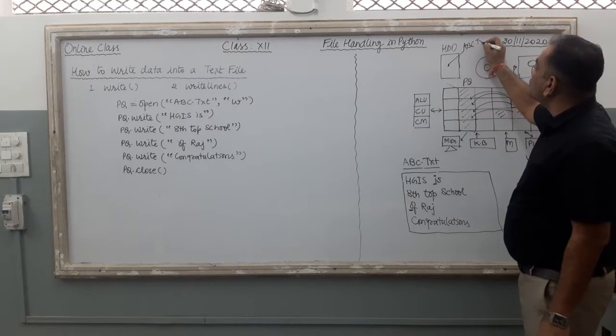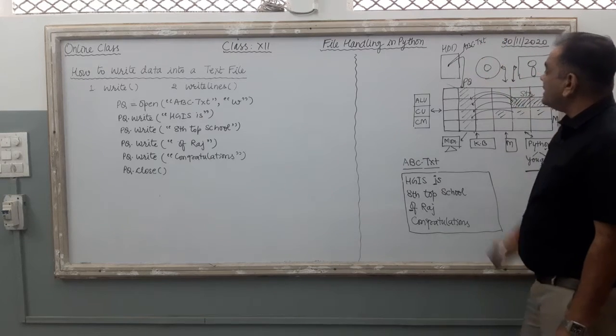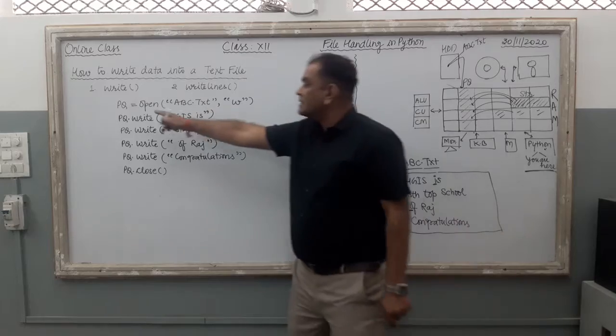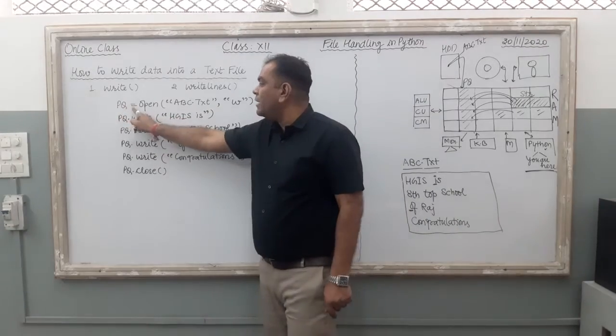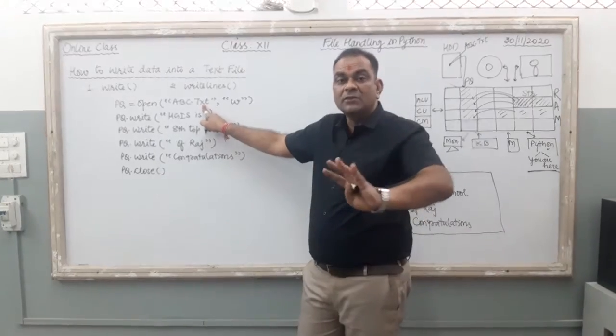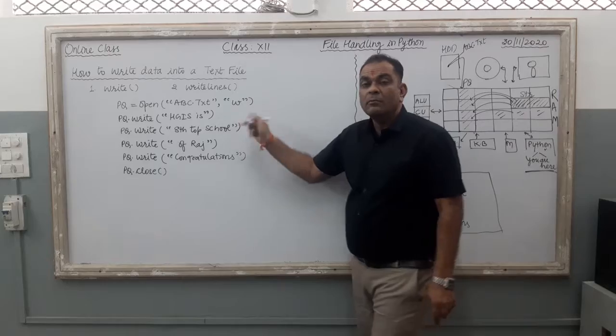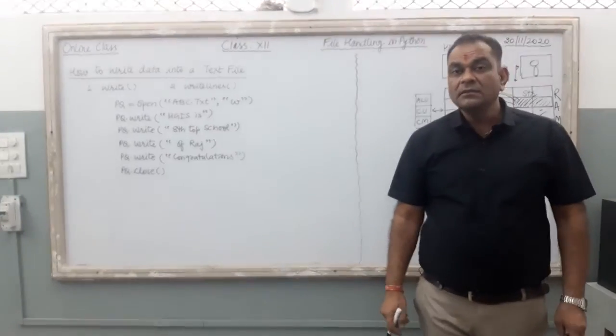Suppose I want to store my program's data into the ABC file. So just see, very first I create a file object: pq equal to open abc.txt. It is not there, the file, it is not there in the hard disk. Now abc.txt comma w means write mode. Clear?